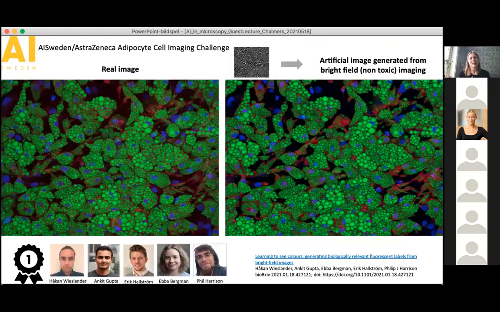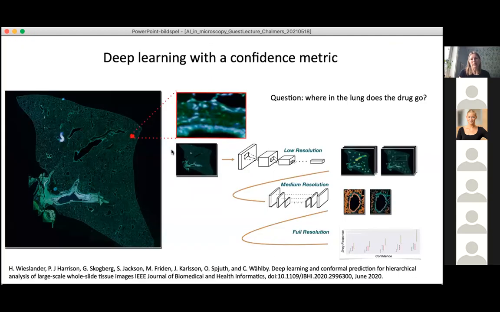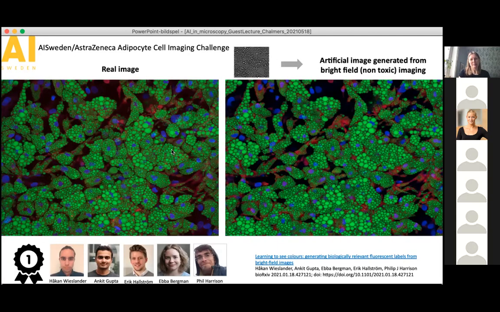And in the end, this is the same image as I showed in the introduction. So this is a real image, and this is then the artificial image produced. This real image was not used for the training, so this is the result on an independent test set.